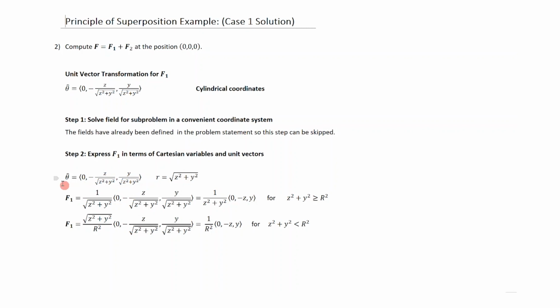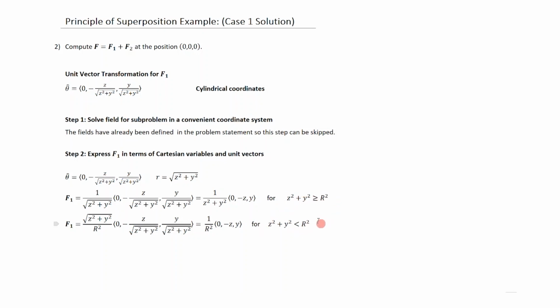We can see that the theta hat vector has this form in Cartesian coordinates, and of course in the zy plane, r, which is the radius, will take on the value square root of z squared plus y squared. And so all we do is take the previous expression that we had for F1, in terms of the field inside the cylinder and the field outside the cylinder.